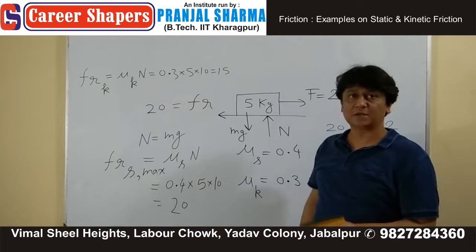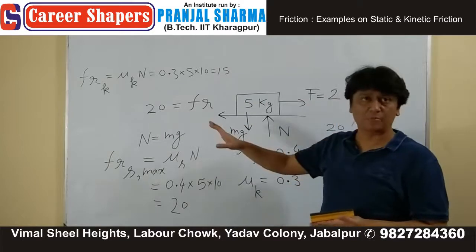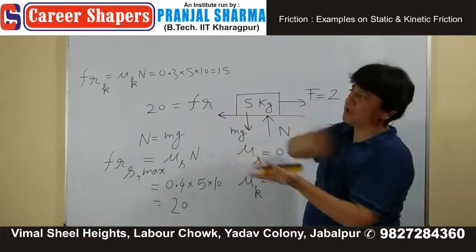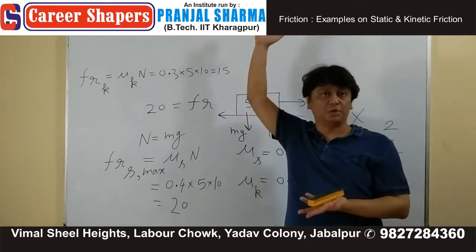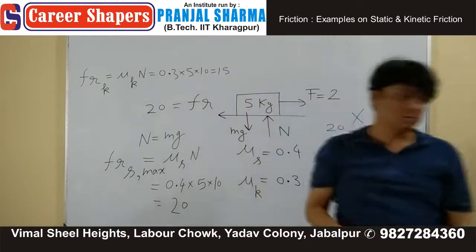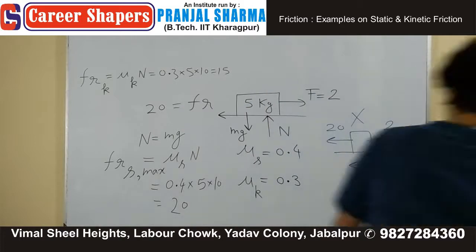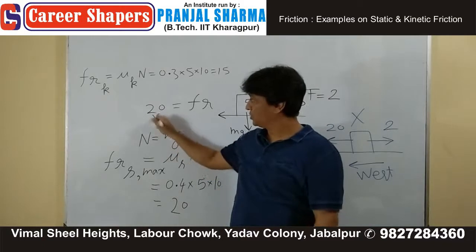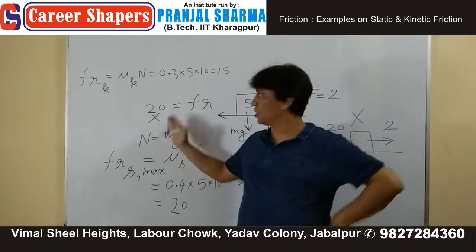Now you all know that something like this is never ever possible. The block is kept, you pulled it towards yourself, it didn't come to you, where did it go? Away from you. This is something which is not possible at all. And therefore, this 20 is something which is not possible.